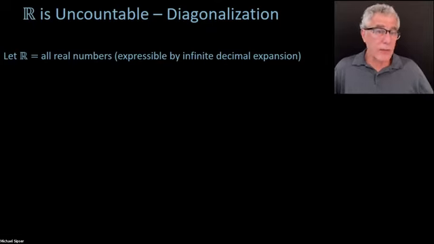And that collection, even though in some ways it looks somewhat similar to the rational numbers, the real numbers, which is the set I'm considering here, the ones with the infinite decimal expansions, they actually are much larger.